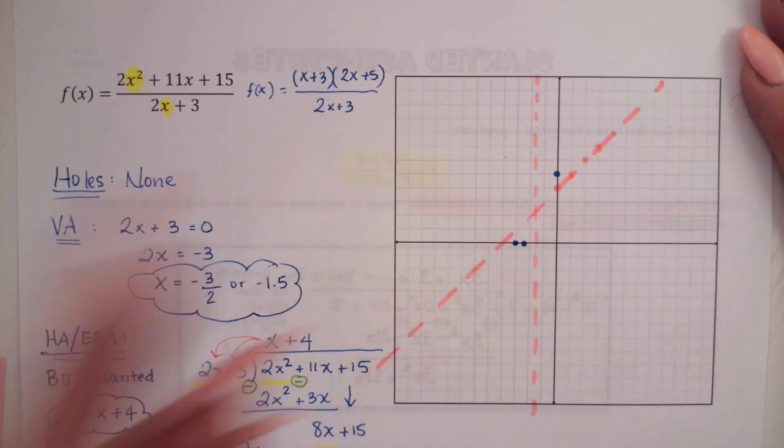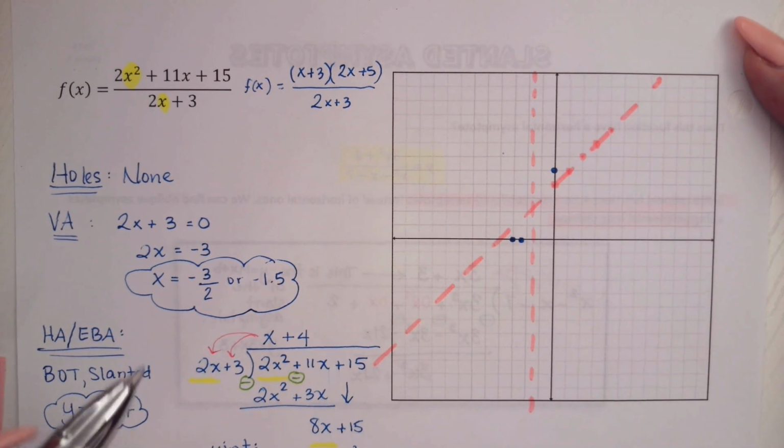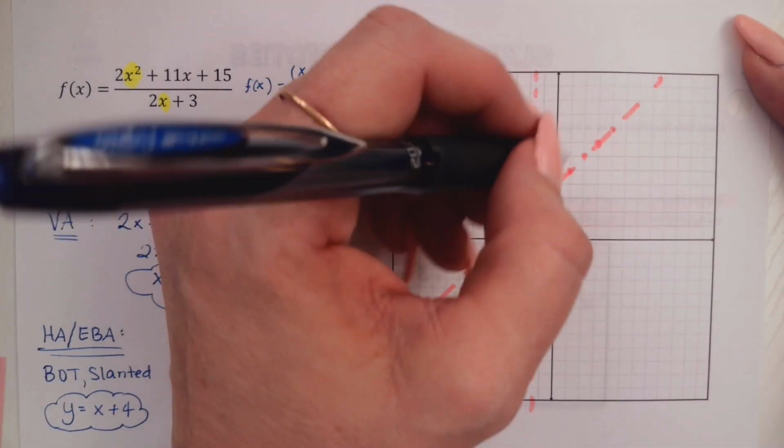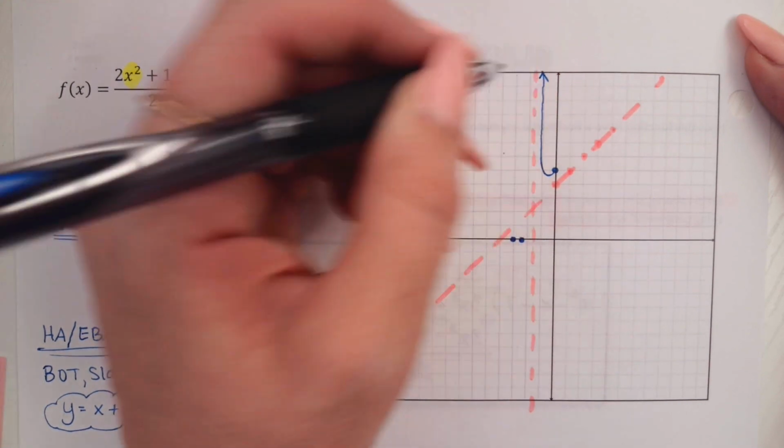Looking at where those points landed, are we going to have pizza slice branches or big branches? Pizza slice branches. Do I have enough information to graph those pizza slice branches? Yeah. 1 point per branch. Just use the asymptotes to kind of guide what the rest of it looks like. This one's going to kind of turn, follow the vertical asymptote.